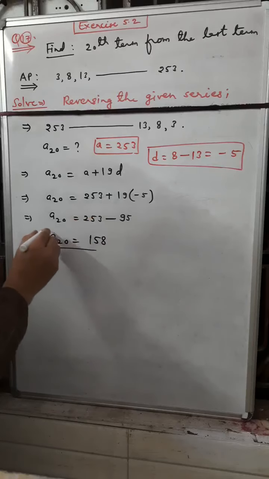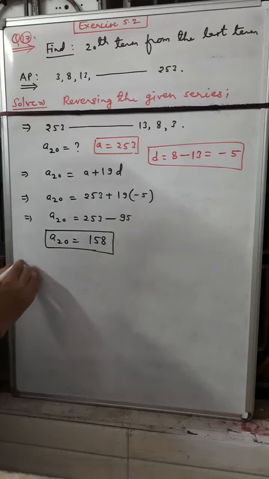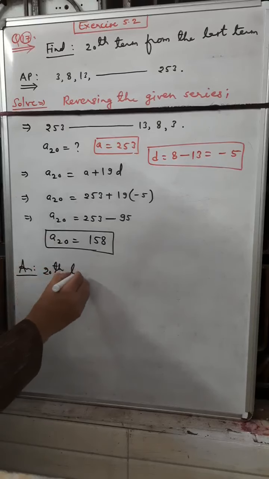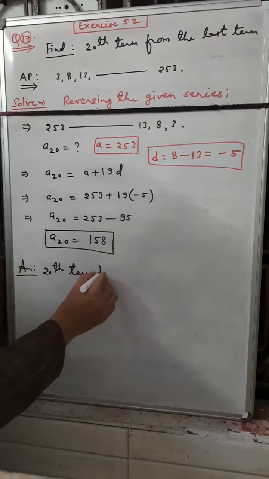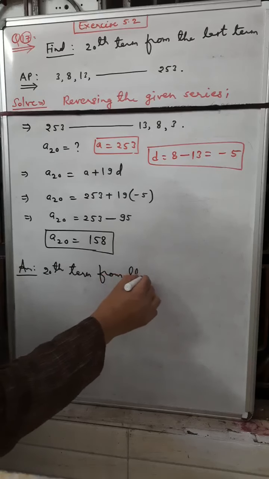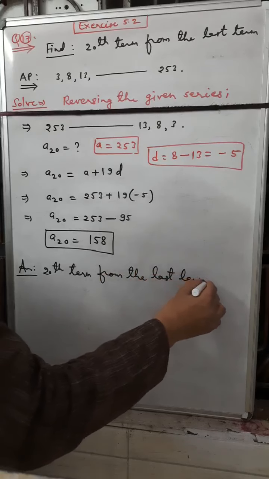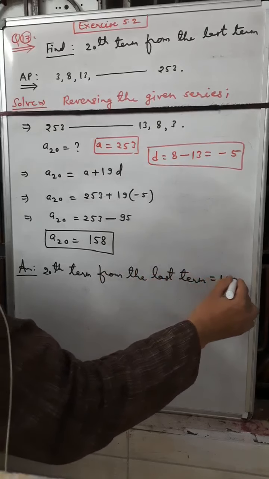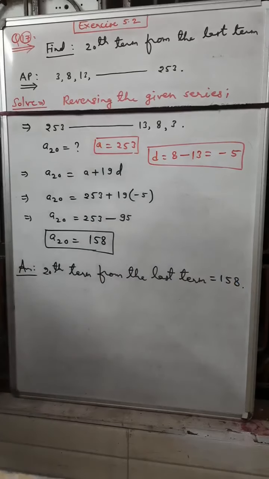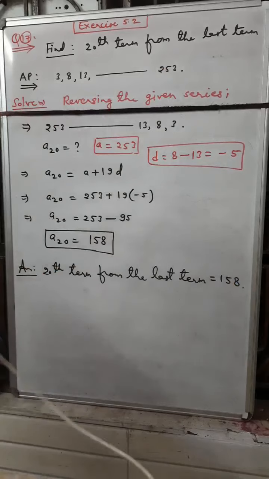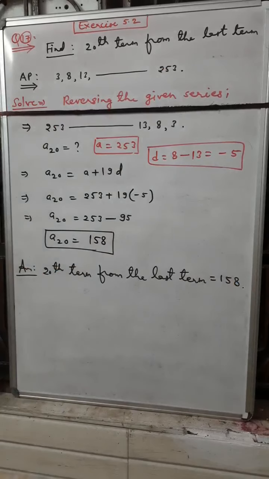The term is 158. So the answer: the 20th term from the last term is equal to 158, because we have reversed the order. So directly we can calculate the 20th term from the last term. So it is the solution of such kind of problem.